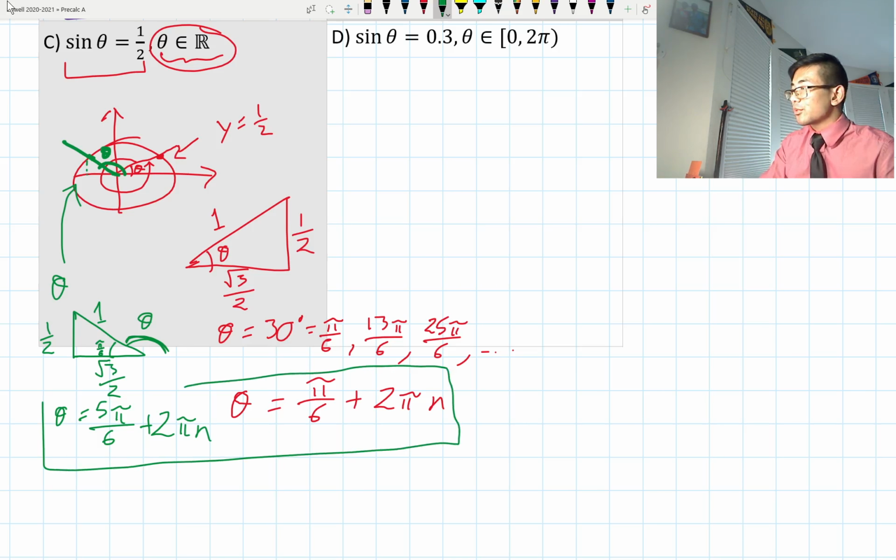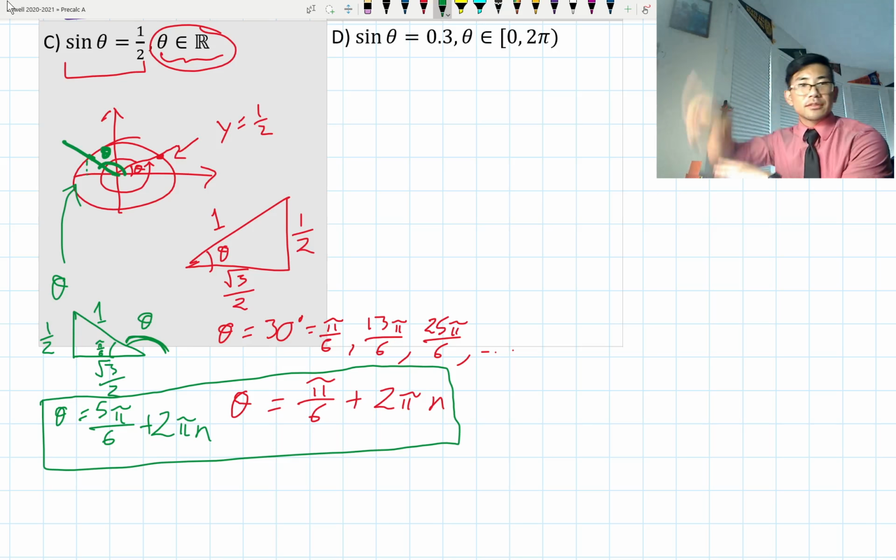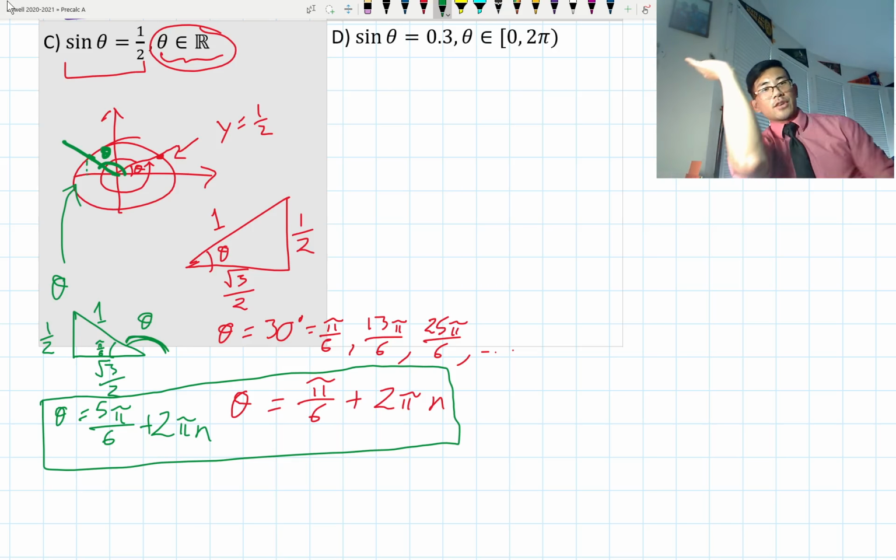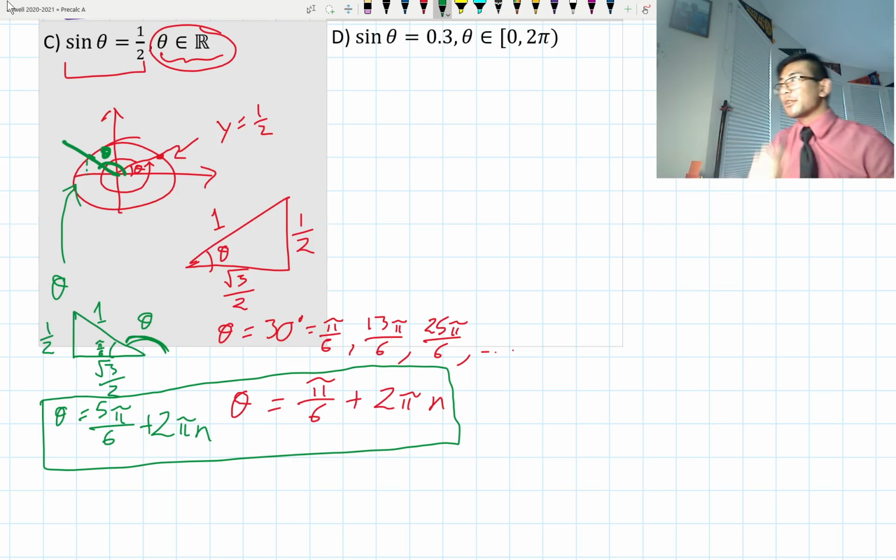These are our solutions. We have two families of solutions: pi over 6 in every revolution thereafter, or 5 pi over 6 in every full revolution thereafter. All right, we're going to pause there for this one, and then we'll take a look at how to use a calculator to get the second one.